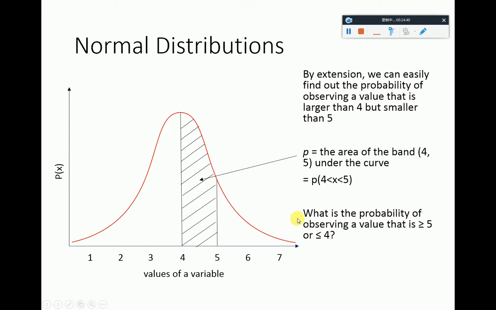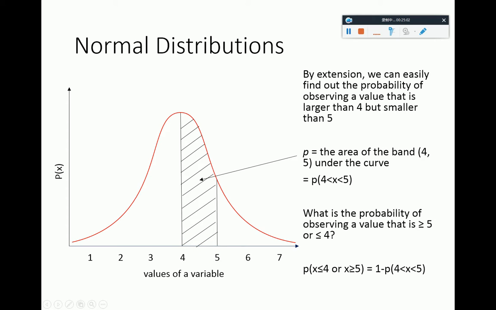The answer is the probability of finding a value that's no smaller than 5 or no larger than 4 will be 1 minus the probability of finding any value that's within this interval.